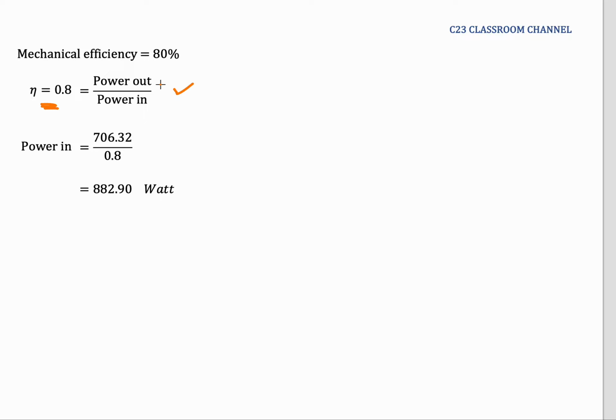So power out means the total power that can be produced in the pump system. Okay, I'm sorry. The power out is actually the power that is delivered to the water, or in actual fact, we could say the power out is related to the head, the height of water that can be delivered.